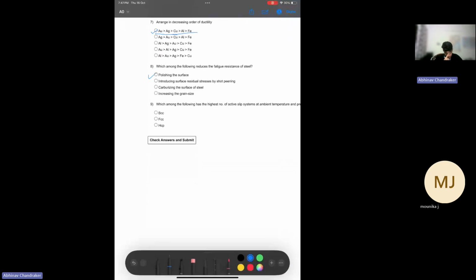Surface residual stresses by shot peening are compressive, so they can help to close down any micro flaws which form. Carburizing the steel will make the surface harder, so surface flaw initiation will be difficult. So all of these are not the answer.